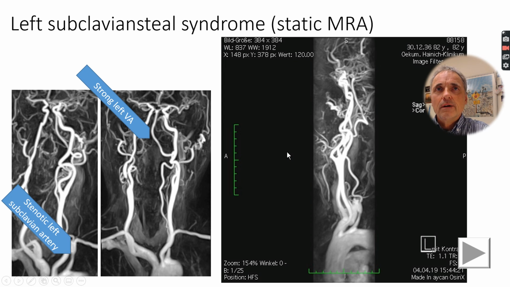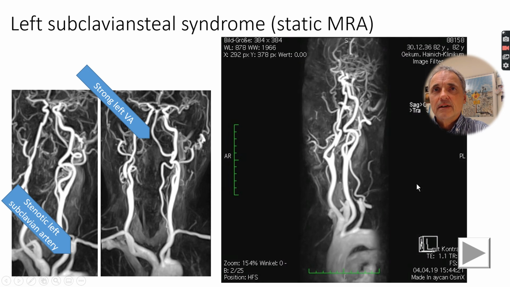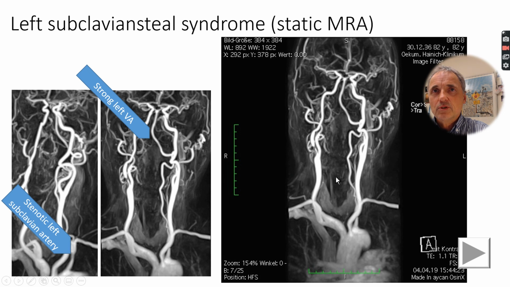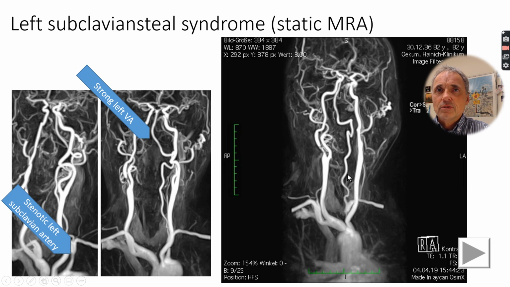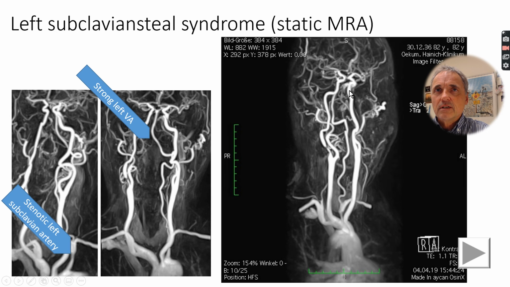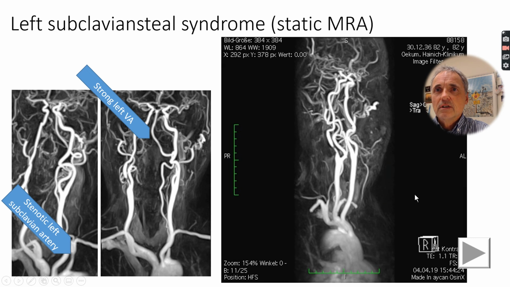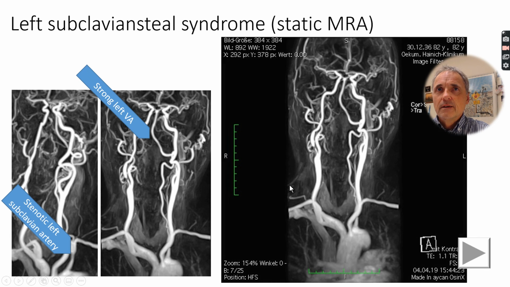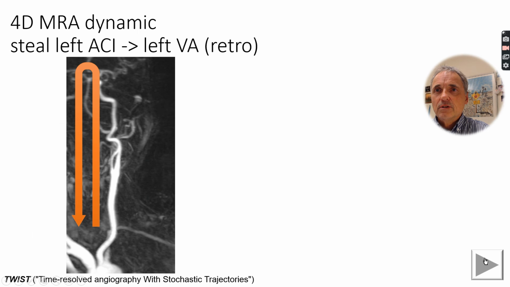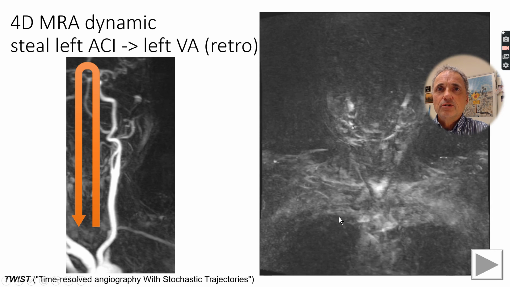Therefore, we have to rely on the 4D MR angiography, so the 3D, which we can turn in the space. It shows the vessel but not the flow direction and also gives no good information of the circle of Willis. So when we check the 4D MR angiography, we see a left internal carotid antegrade and a flow reversal in the basilar artery and in the vertebral artery. I show you soon.